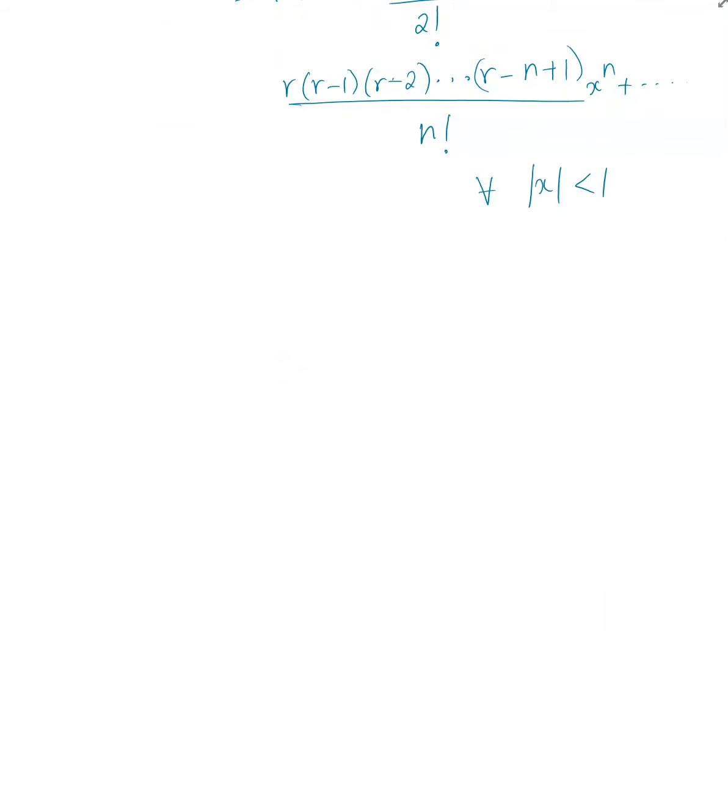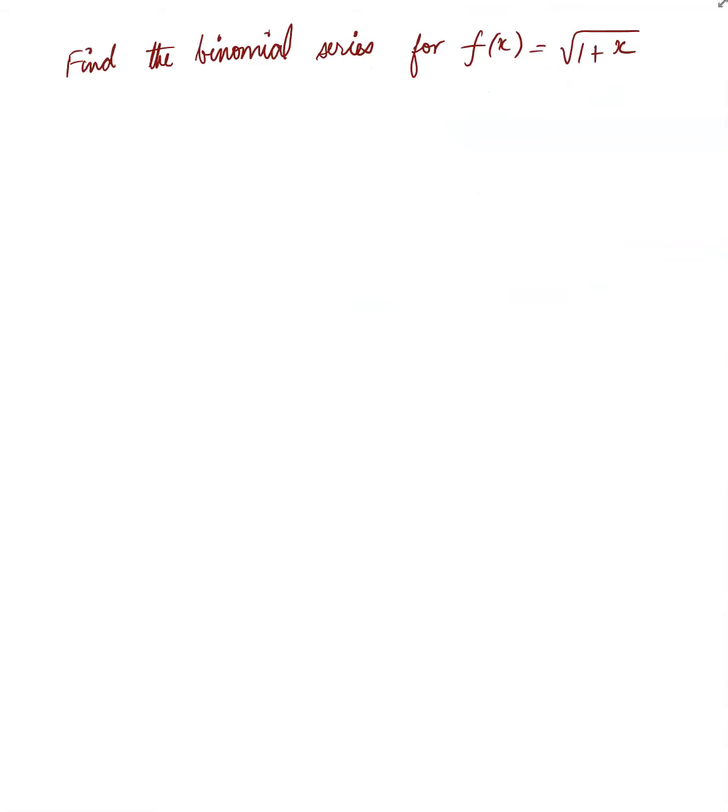Find the binomial series for f of x equals the square root of 1 plus x. If we explore this problem, we can see that f of x, which is the square root of 1 plus x, can be written as (1 plus x) to the power half, right?